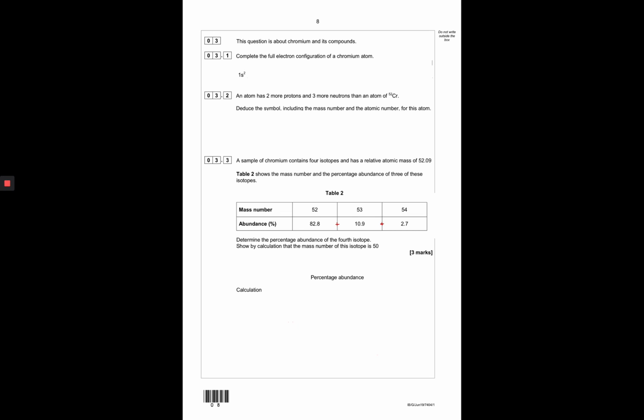They're anomalies, but they're often the common questions. The 2 anomalies are chromium and copper, and notice that chromium is the one we're asked about. The anomaly is that when you fill up the subshells, you only have 1 electron in the 4s subshell. So we have 4s1, 3d5 as our final part there.